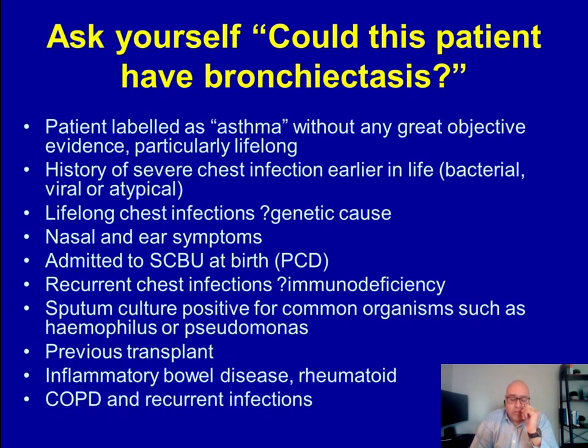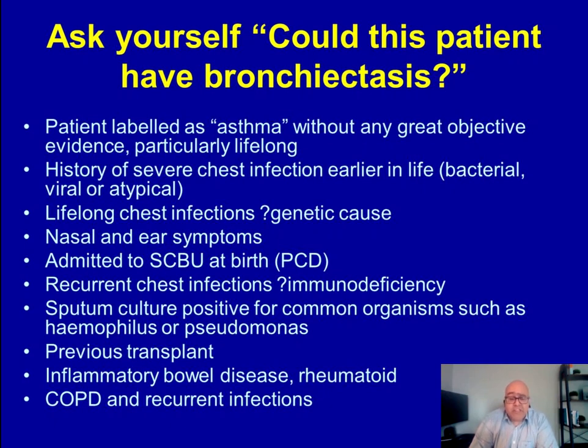So just a few pointers and tips in terms of thinking about bronchiectasis as a potential underlying diagnosis. You should always think about it, particularly if you have patients who have been labelled as asthma without any great objective evidence of asthma, particularly lifelong symptoms.